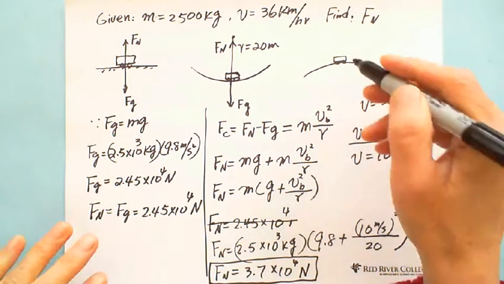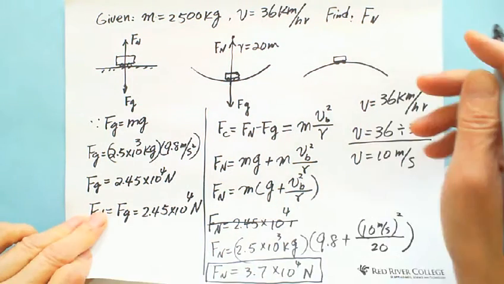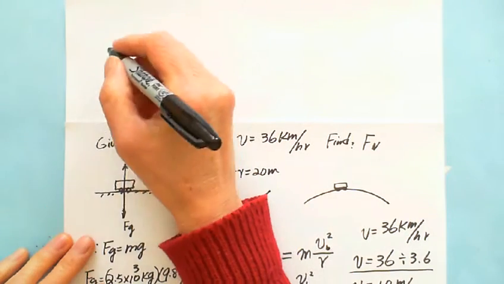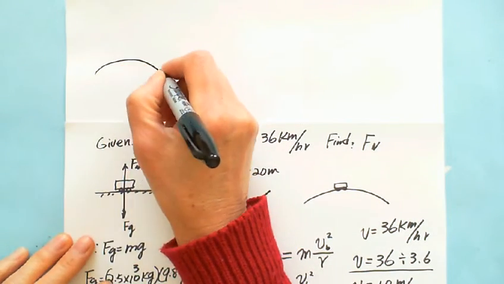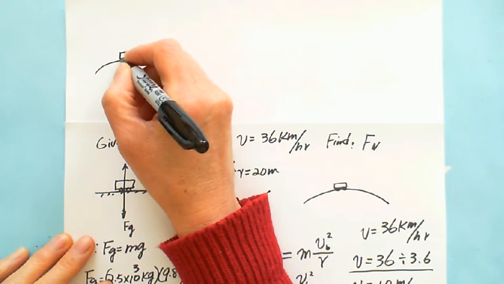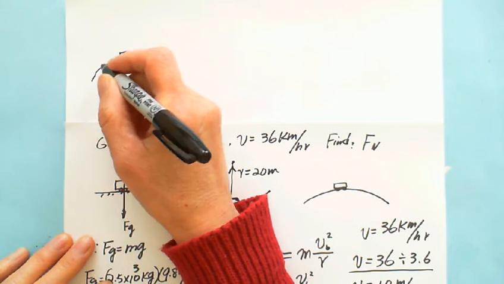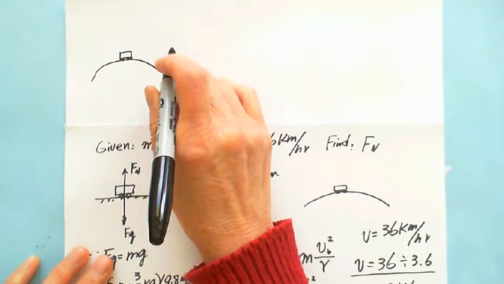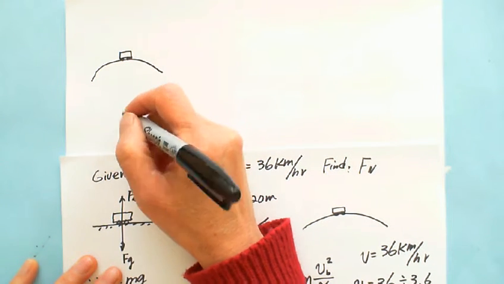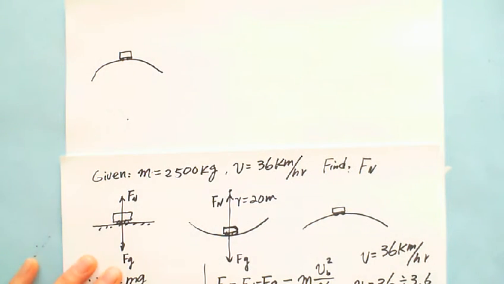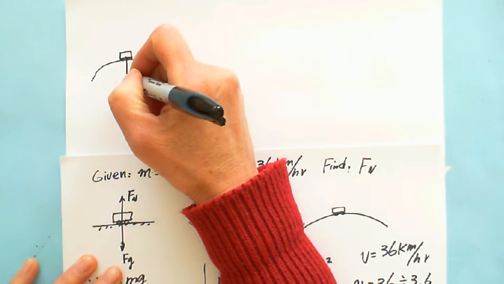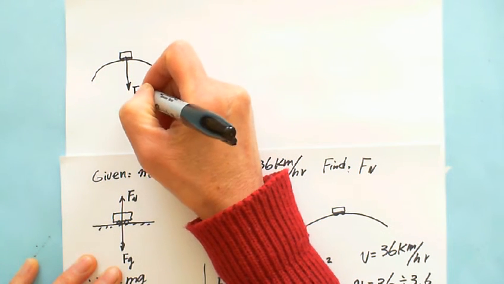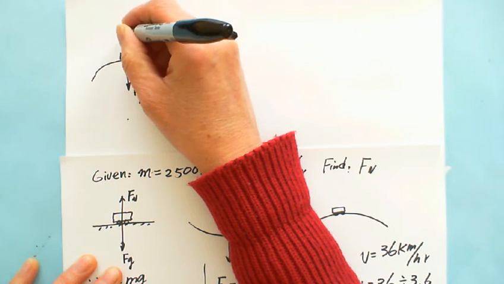So what about the third situation? Let's go to the other page. In the third situation, the car drives on a shape that looks like concave down. So the center is at the bottom. For the free body diagram, we have Fg, which is gravity, and the normal force.